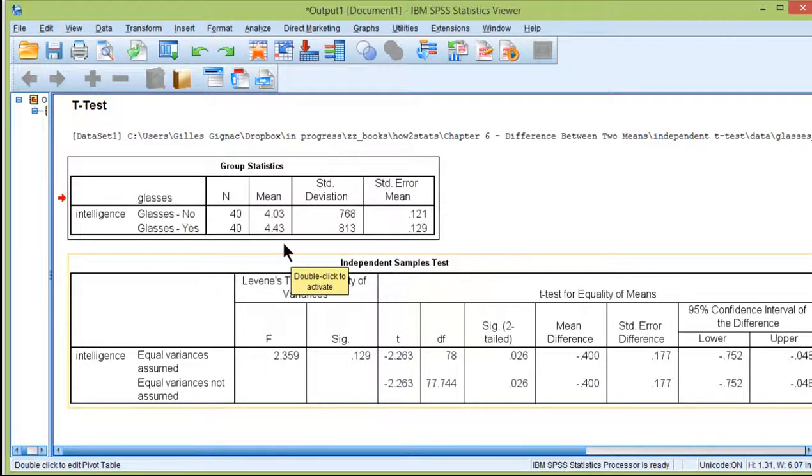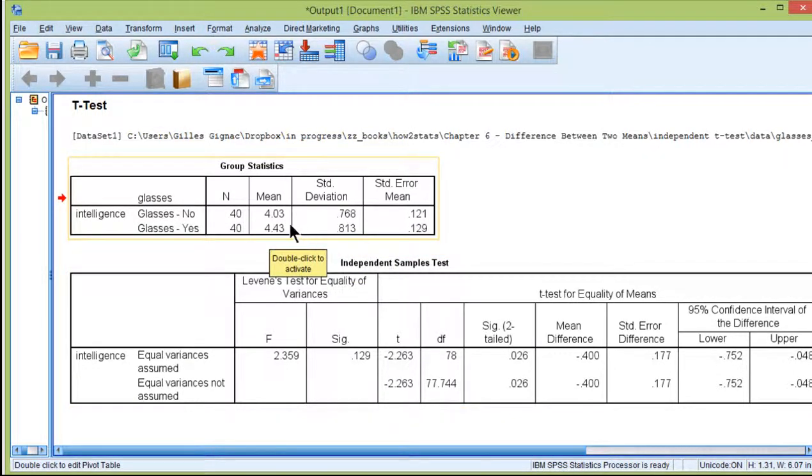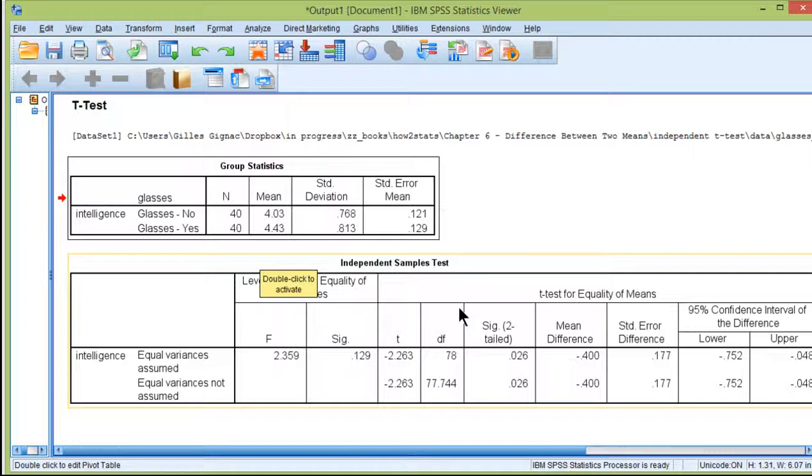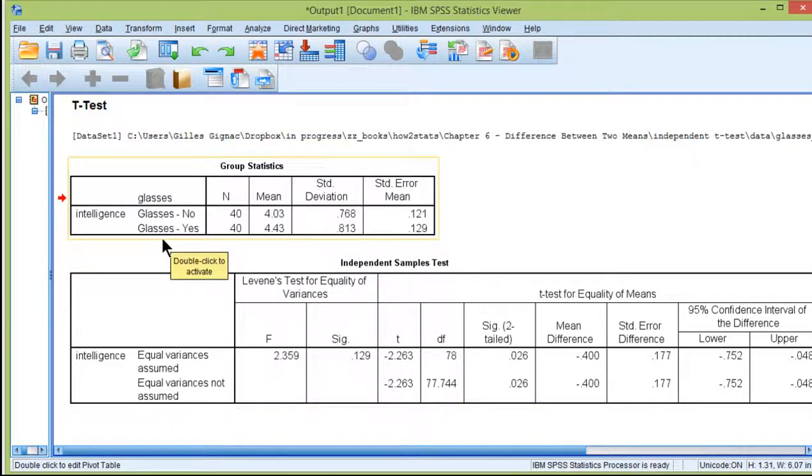I'm sufficiently confident to declare a statistically significant effect, that these two means are from two different populations of perceived intelligence. With a level of confidence that's less than 0.05 in terms of making a fool of myself, I'm confident of stating that there probably is a difference wearing glasses versus not when it comes to perception of intelligence.